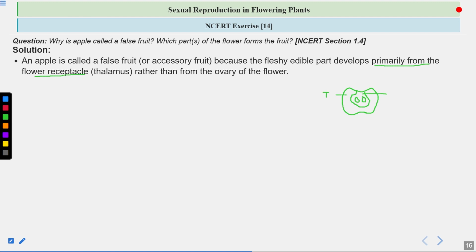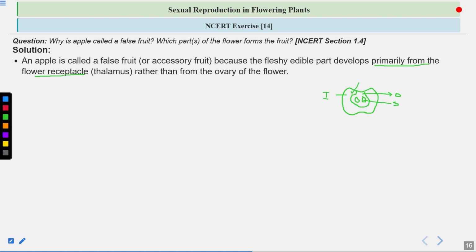This is the ovary, and this is the seed. You see this ovary is totally embedded inside the thalamus part, right? So the food material transported here by photosynthesis gets stored in the thalamus instead of the ovary. So such fruits are called false fruit or accessory fruit.